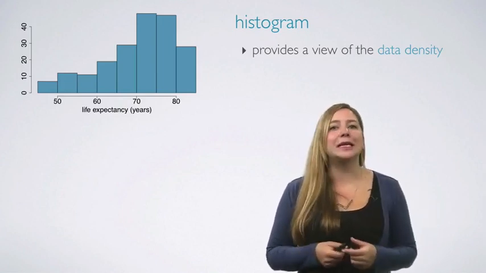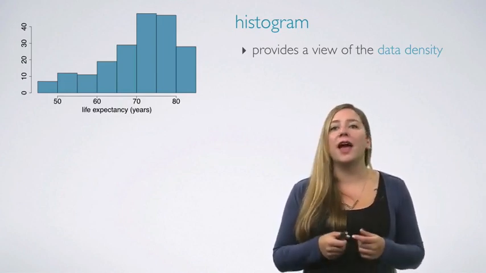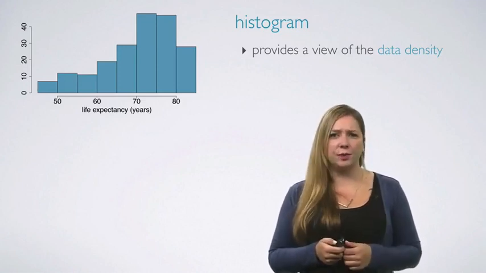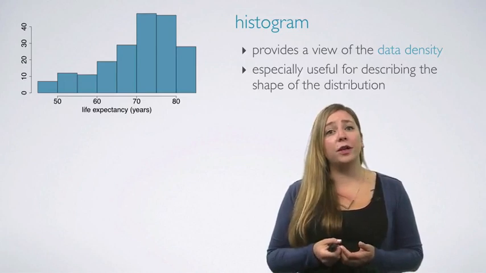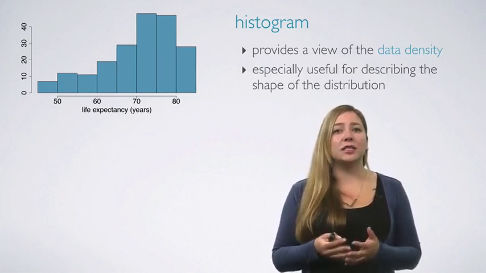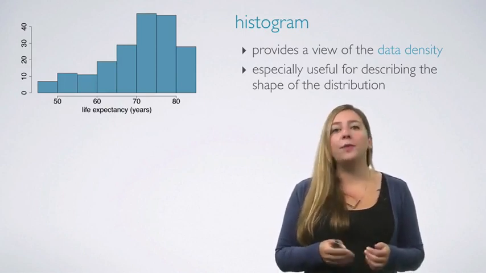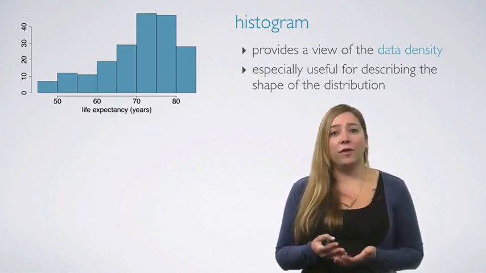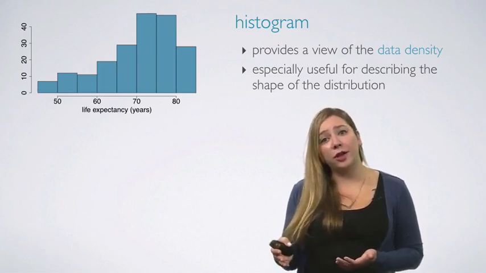For example, we can see that majority of the countries have average life expectancies between 65 to 85 years old. Histograms are also very useful for identifying shapes of distributions. In this case, the distribution of life expectancies appear to be left skewed, which is expected due to the leveling off of life expectancies we've identified earlier.